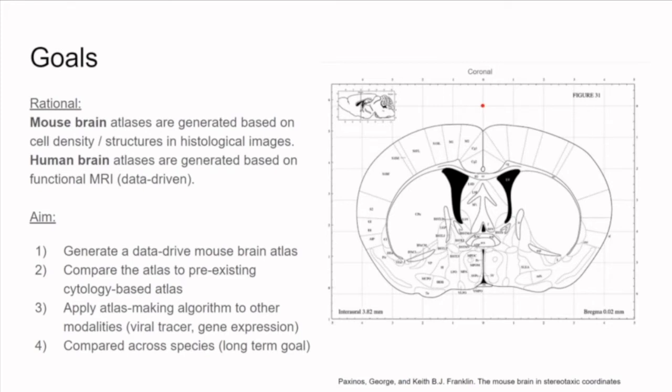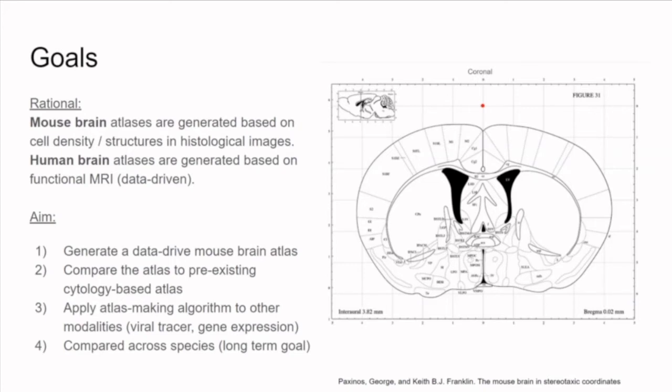People have been using instead functional MRI as a way to generate parcellations. So they use data-driven algorithms to generate the atlases. So we wanted to ask the question, can we generate a data-driven mouse brain atlas, and how does it compare to cytology or histological atlases?